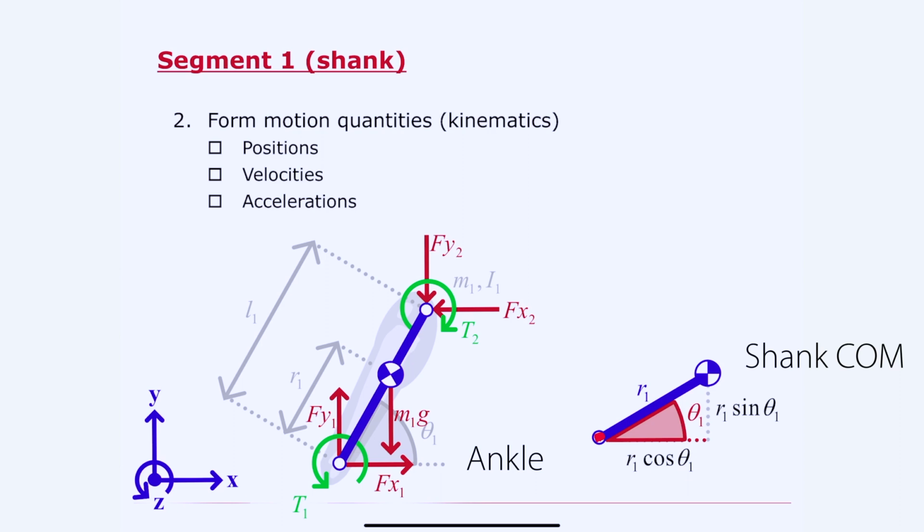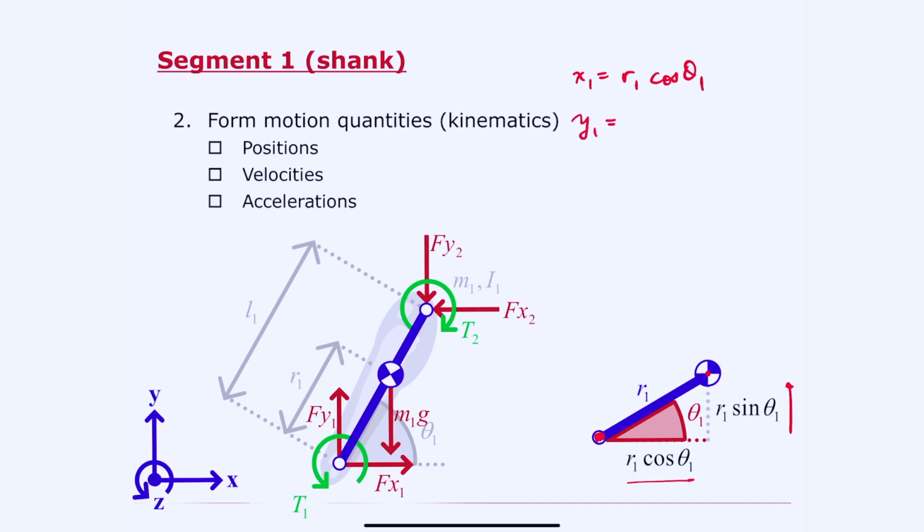So we'll make all of our measurements relative to that point, which means that the center of mass here will be r1 cosine θ1 in the x direction and r1 sine θ1 in the y direction. So we have x1, the x coordinate of the center of mass, is r1 times cosine θ1, y1 equals r1 sine θ1.